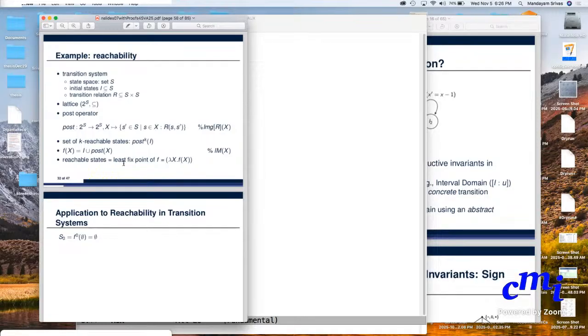You're saying I keep adding the initial state all the time, which is counterintuitive. So you will have to compute the image of whatever X is, the continuation that I get.